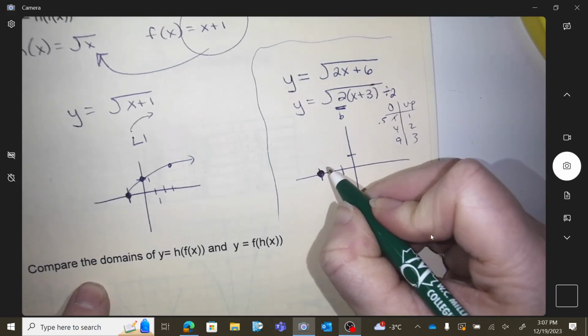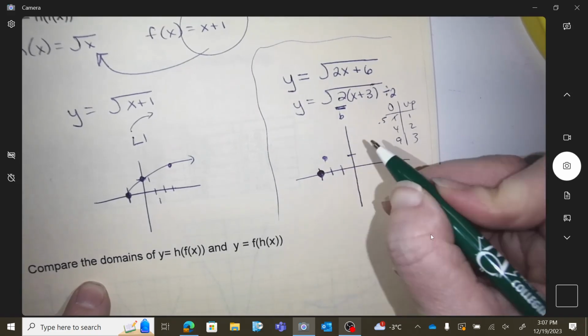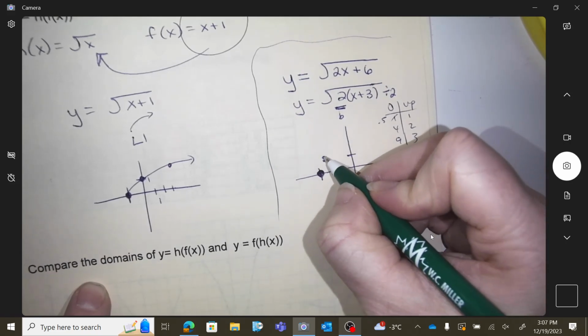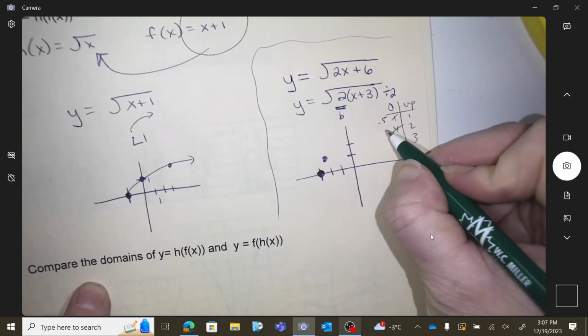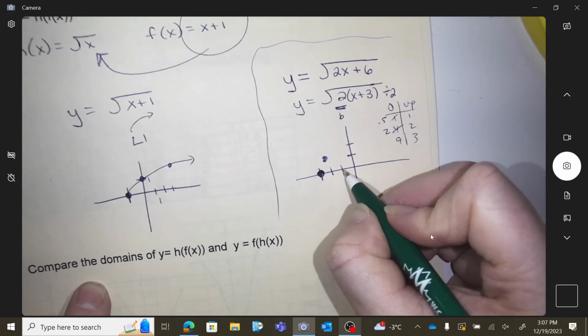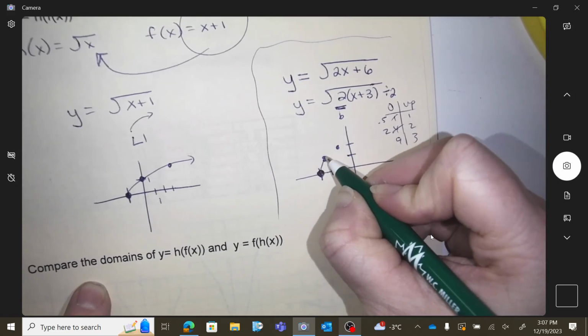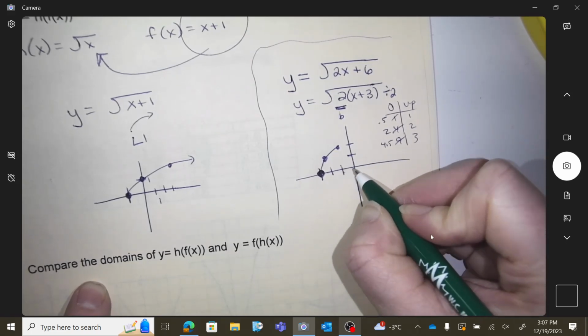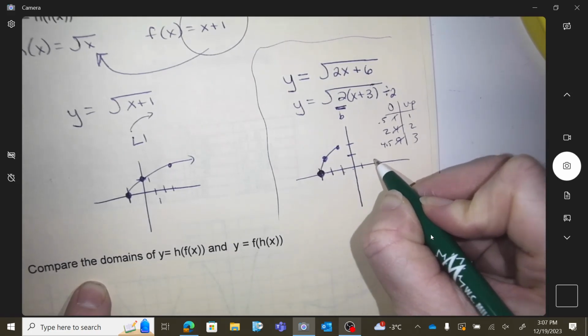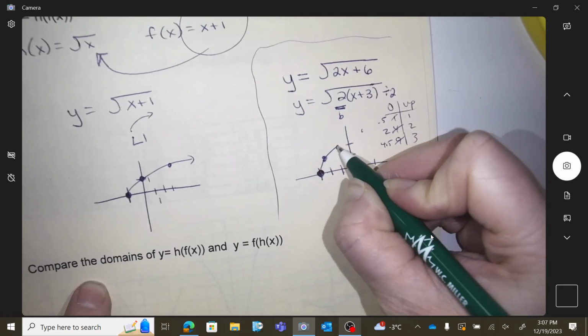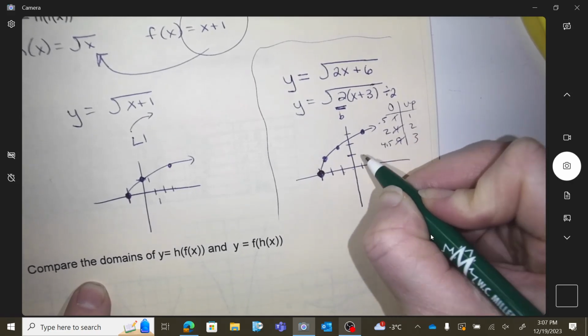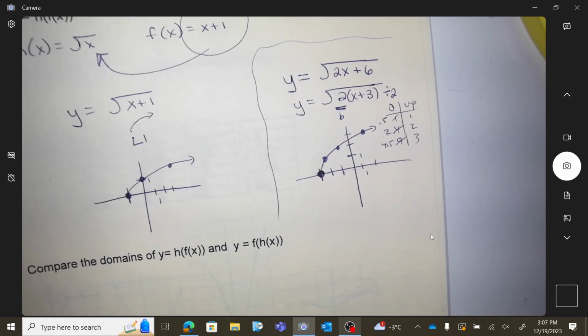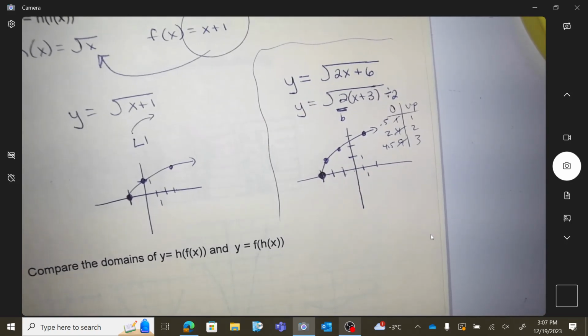So I'm only going to move a half to the right and up 1. I'm going to move 2 and 2. I'm going to move 4.5 and then 3. Is that all coming back to your brain?